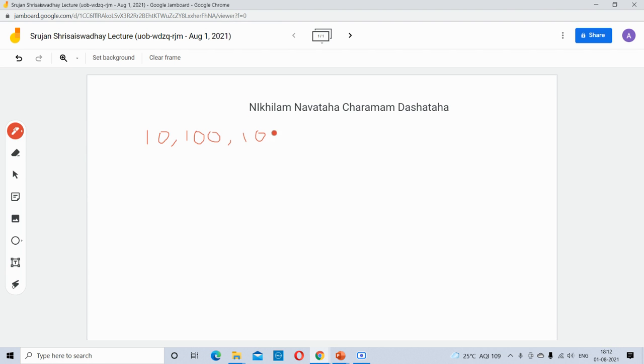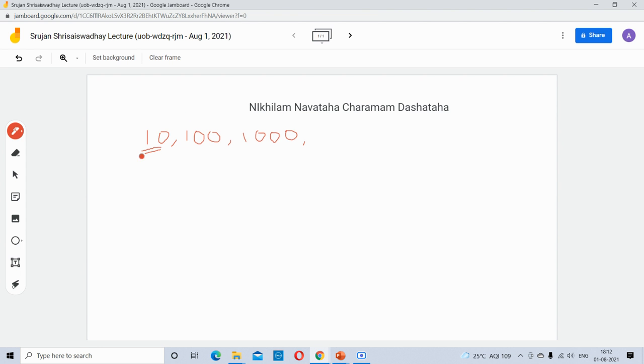Okay. So these are the bases we are going to use, and you can go beyond that also: 10,000, 1 lakh, 10 lakh, and so on. So we'll be using the base of 10, and multiples of the base of 10, 10 raised to 2, 10 raised to 3, and so on.